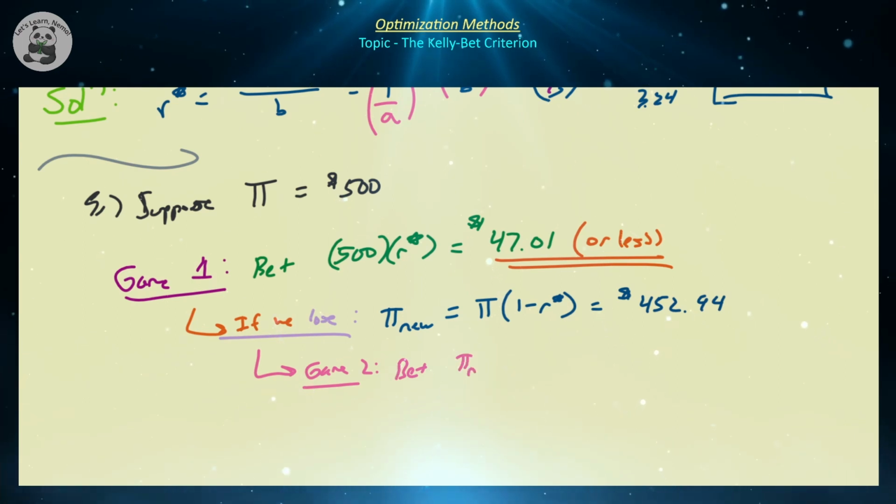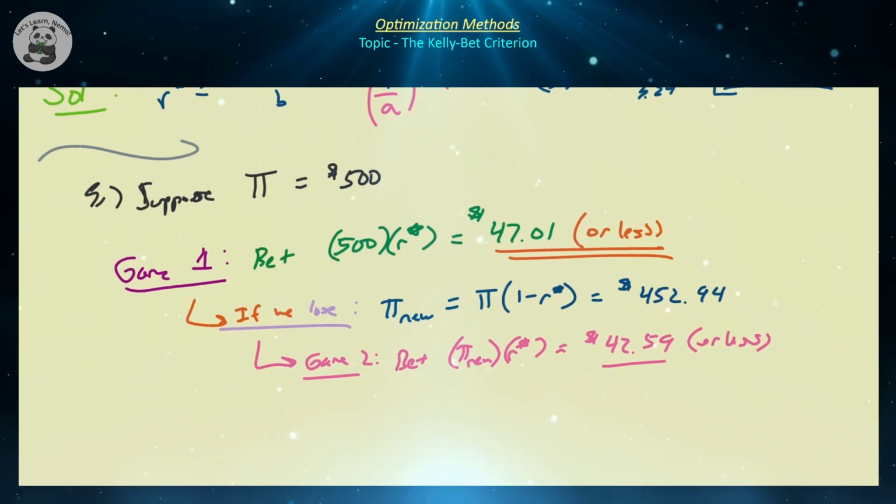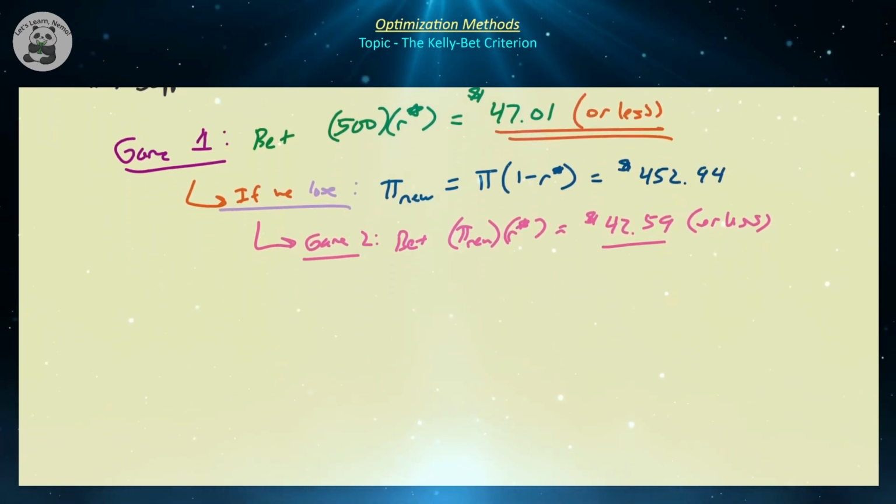So we're going to do pi nu times this r star, and that's going to be approximately equal to $42.59 or less. Right? Keep in mind, all of the theory is here, so as long as you have a logarithmic utility and the trials are truly independent of each other, then in the long term you should still be having a net gain. But keep in mind, if you lose twice in a row, in some sense you are just definitely unlucky. Keep in mind, only wager what you're willing to lose.